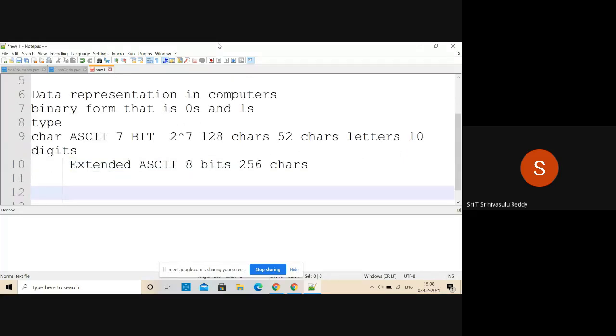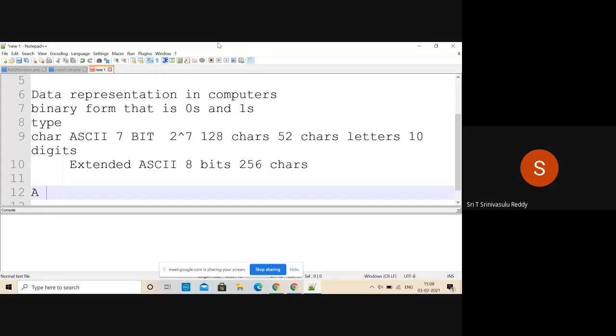Internally, whenever you want to store the letter A, capital A, it is represented differently from small a, naturally with a different sequence of zeros and ones.